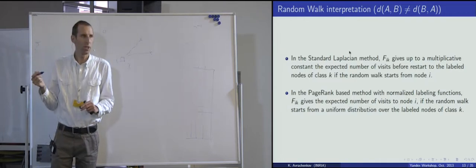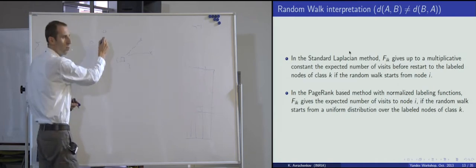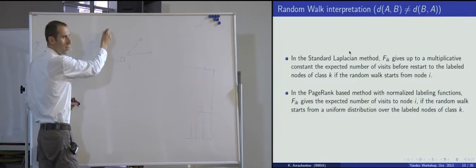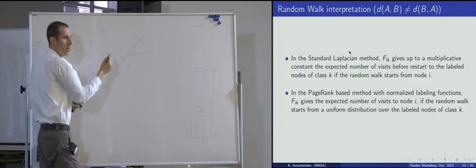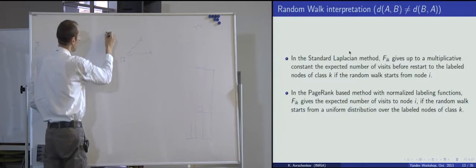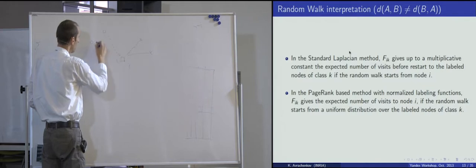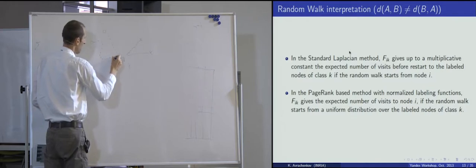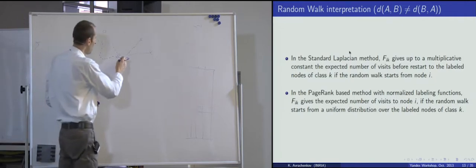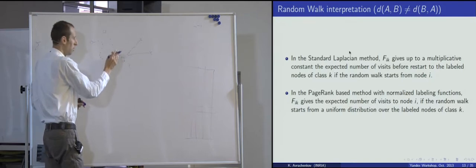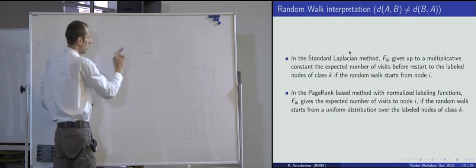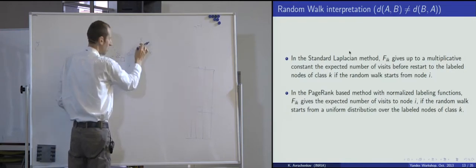So what is the PageRank method doing? With a uniform distribution, we start from labeled points, and we do a random walk and count the number of visits to point I. Then we compare how many times we came to this point starting from this set of labeled points and starting from that set.